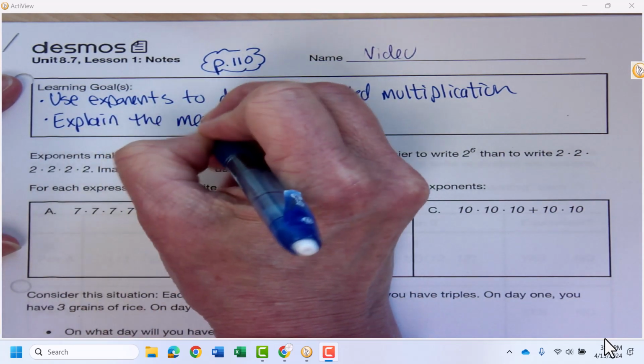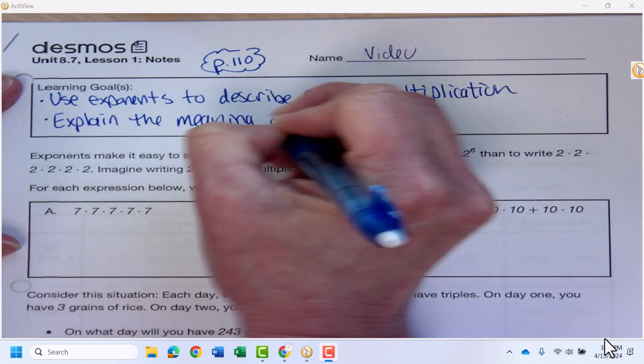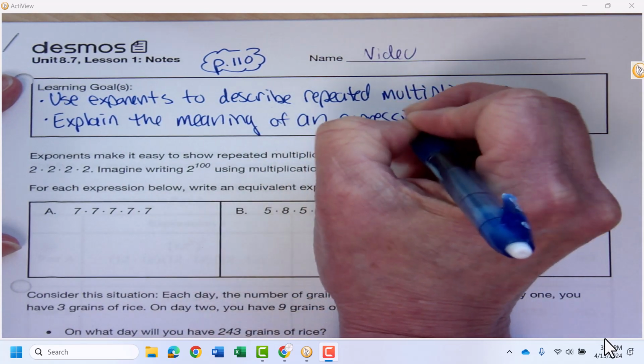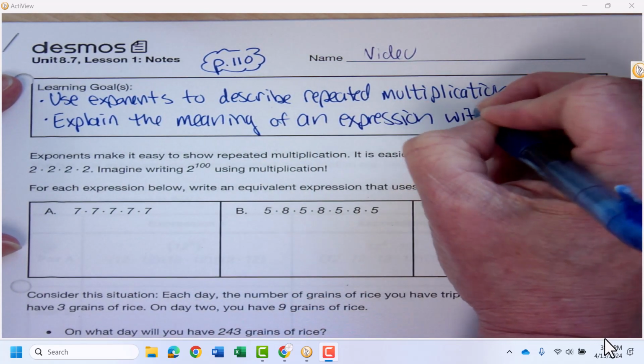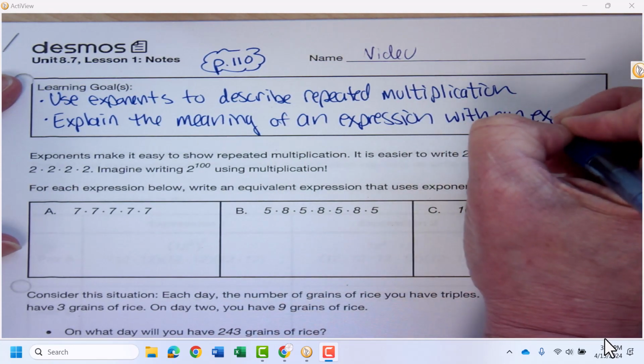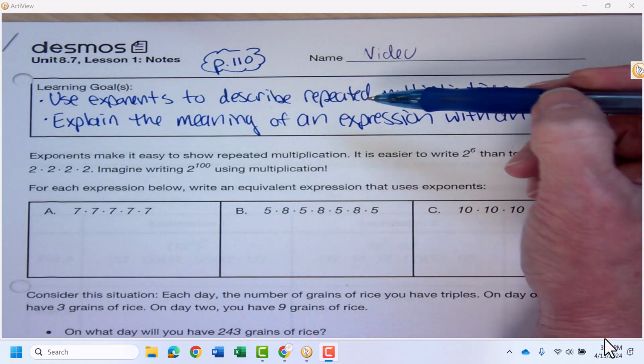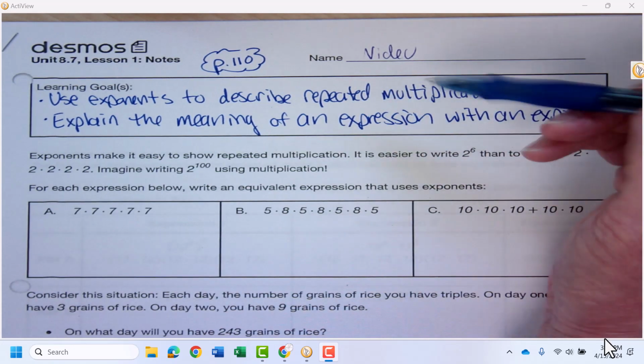Let's start with our first one. Use exponents to describe repeated multiplication.